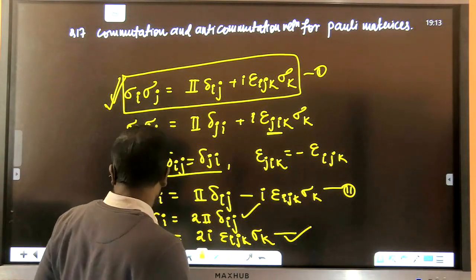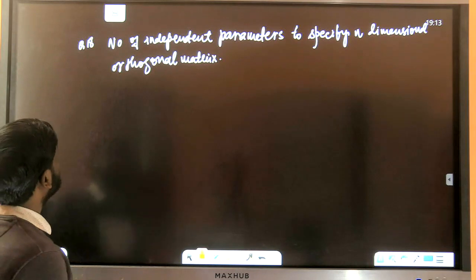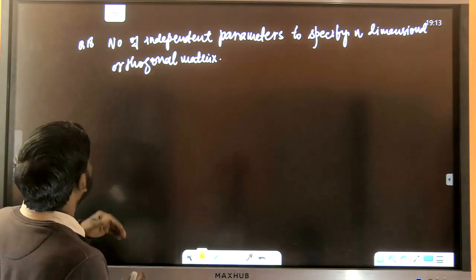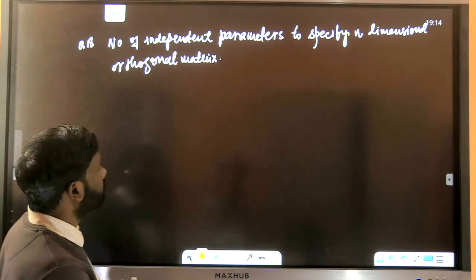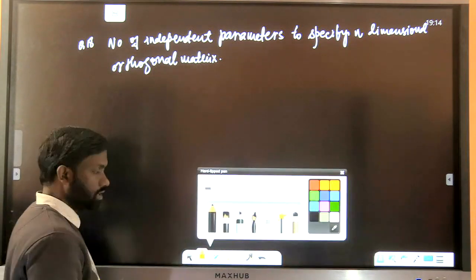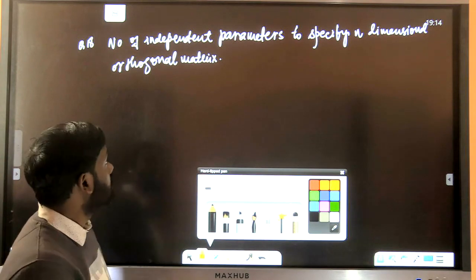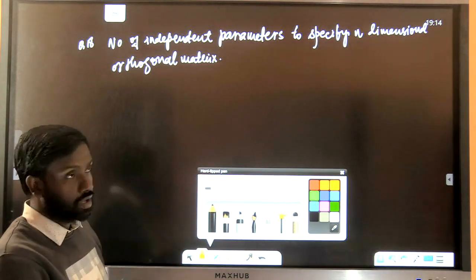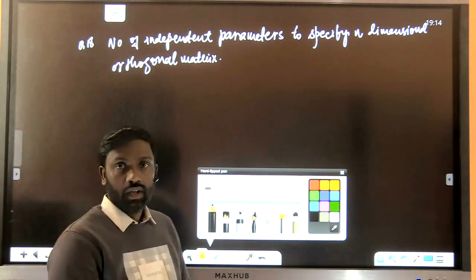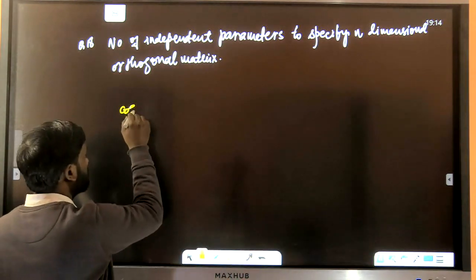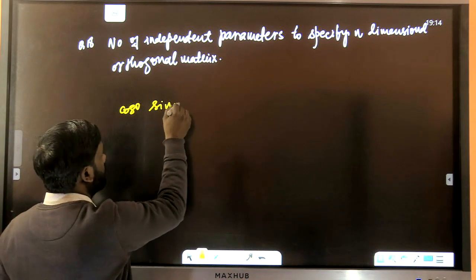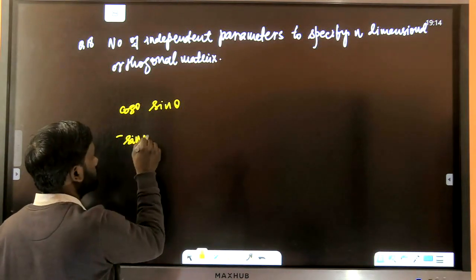Now this is another question. It says the number of independent parameters to specify an n-dimensional orthogonal matrix. This can be proved in many ways, so I'm giving you an intuitive example. In 2 dimensions, we know that the rotation matrix is written as cos theta, sin theta, and minus sin theta and cos theta.